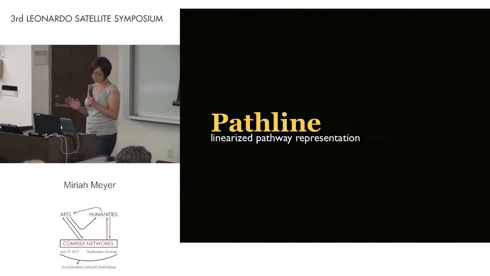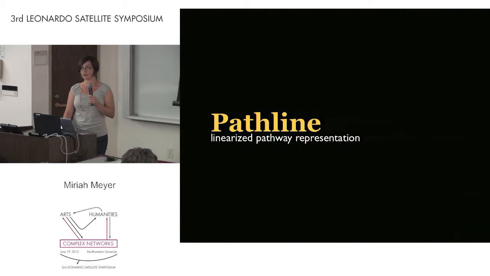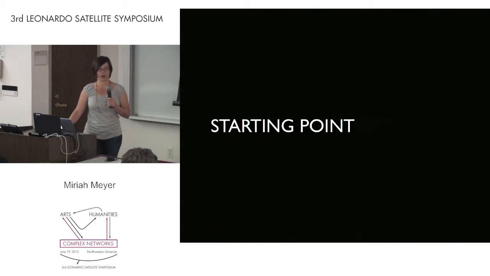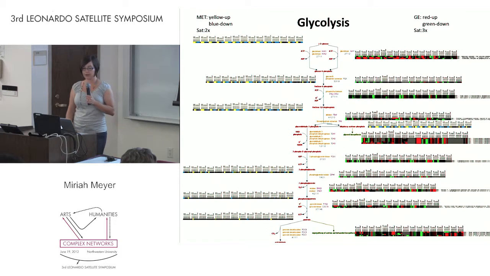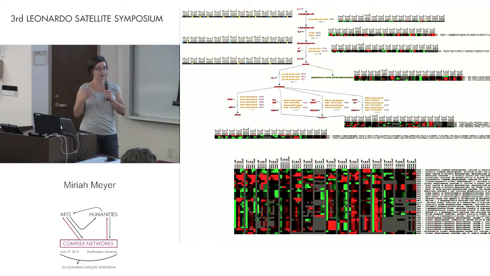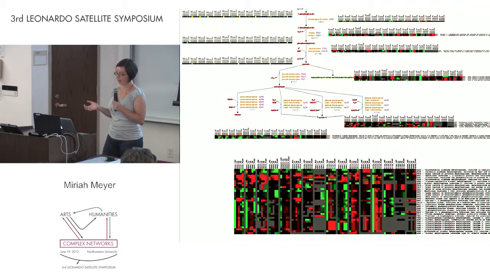I'll give you a few more details about these representations. First, the linearized pathway representation. I want to show you the starting point, where we started from when we were doing contextual interviews with the biologists, and how they were going about trying to make sense of this data. One of the very first things they put together was large posters like this, where down the middle we have a very typical representation of a pathway.